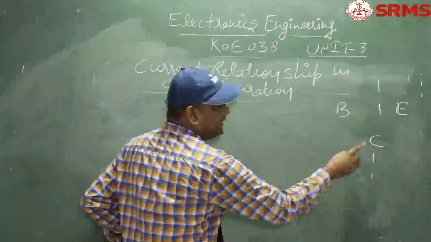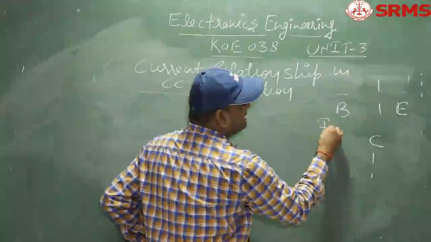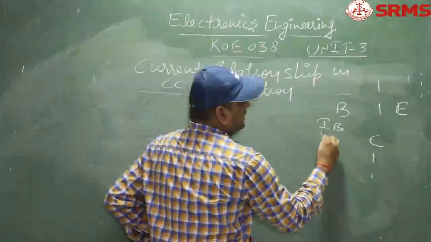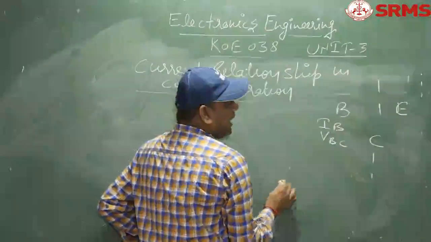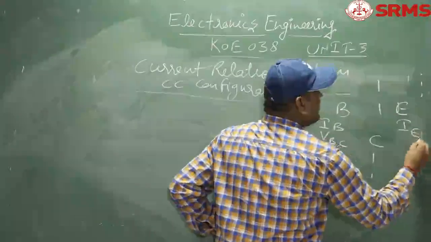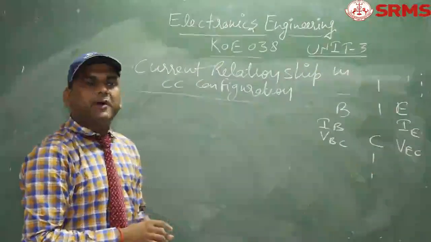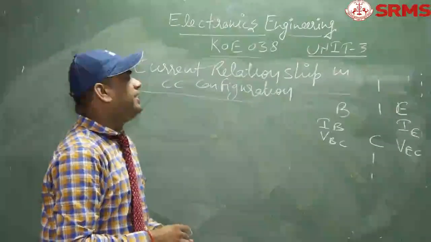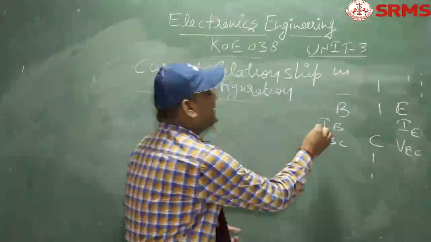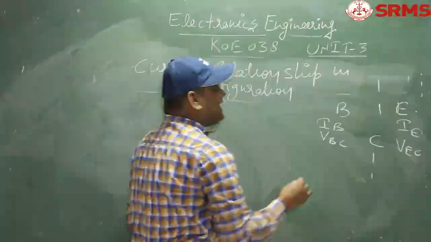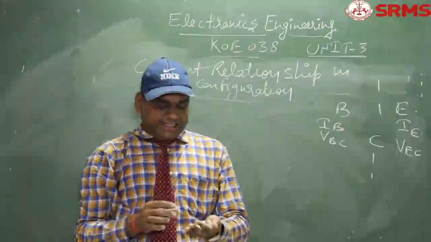So this is your input side, this is your output side. The input current is IB, the input voltage is VBC, the output current is IE, and the output voltage is VEC. We want to determine the current relationship between the input and output current. The input current is IB and the output current is IE, so you have to eliminate IC.